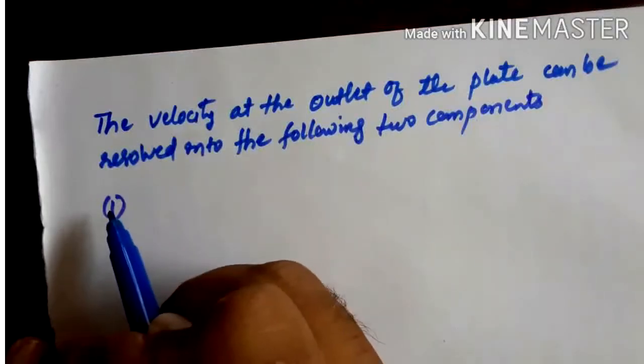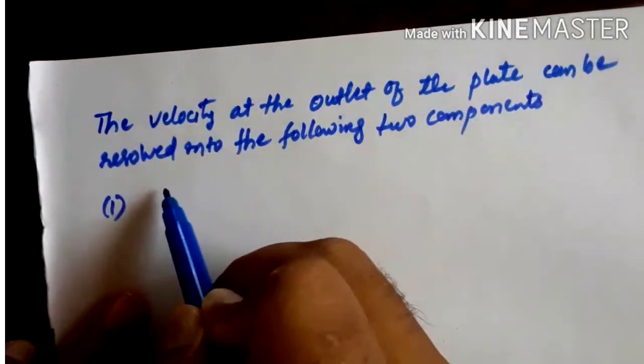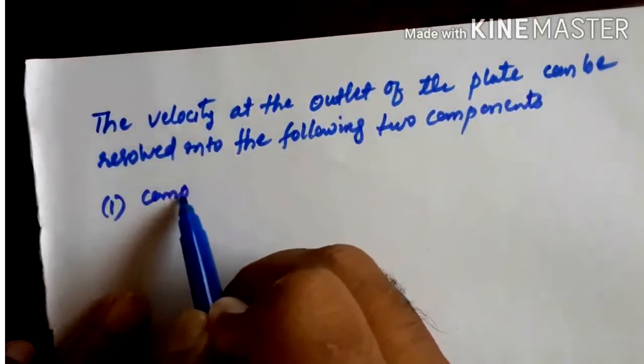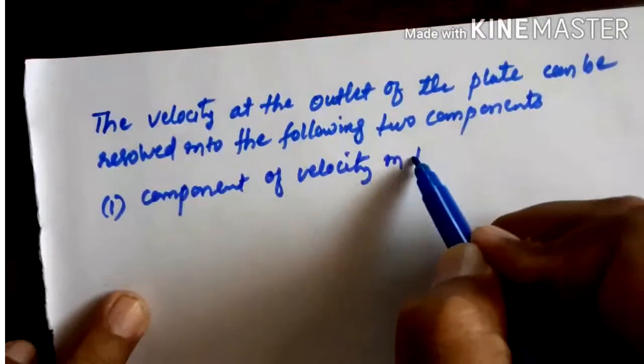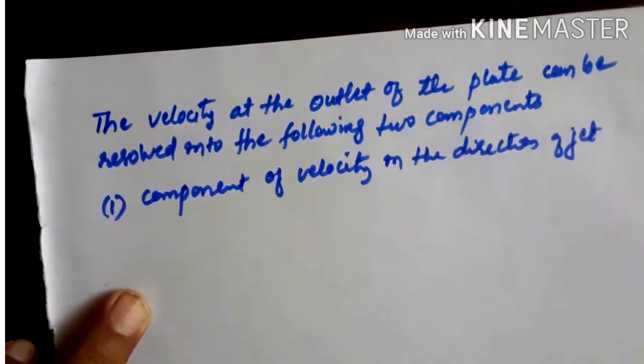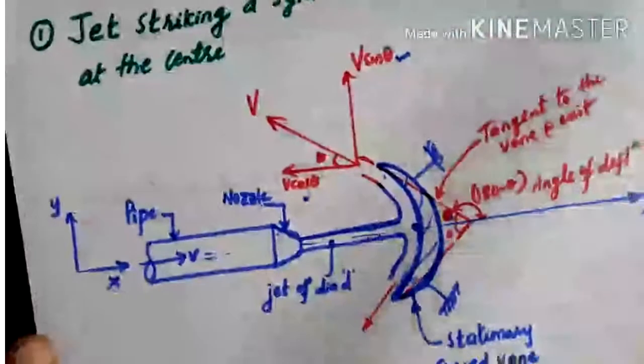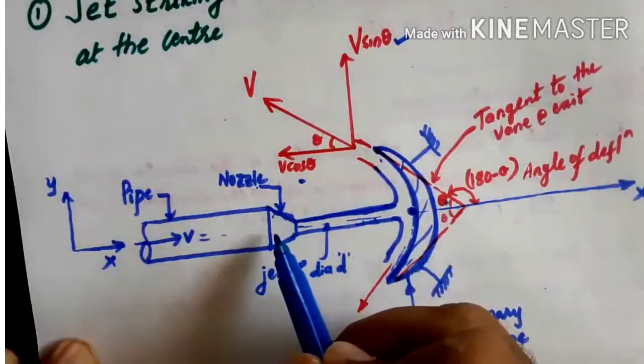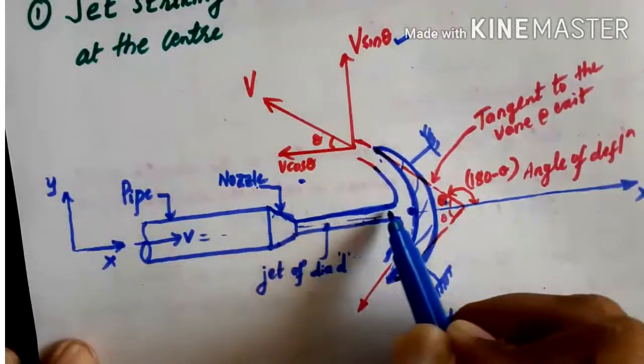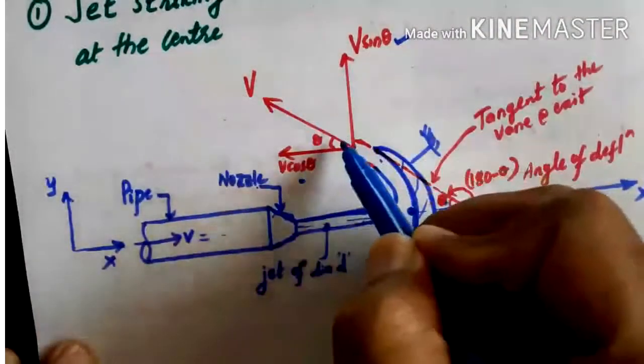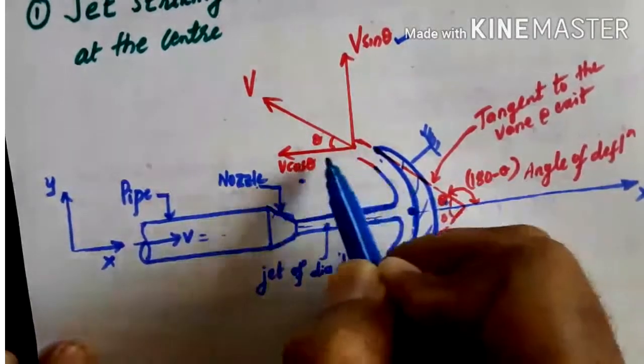The first component is the component of velocity in the direction of jet. So here, if you take the first component, the component of v in the direction of jet is this one.